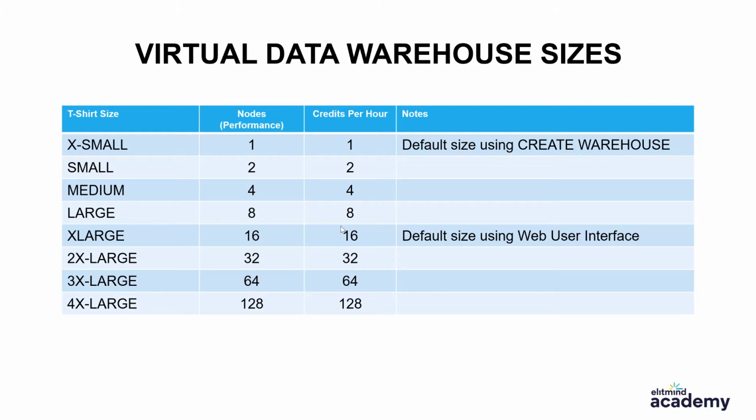While when running Web UI, by default you are creating X large, which can cost you money. Additionally to that, using create warehouse, you can specify that the newly created virtual warehouse will not run by default. While in the Web UI, the newly created virtual warehouses start working by default, so they actually can cause some cost on your side.